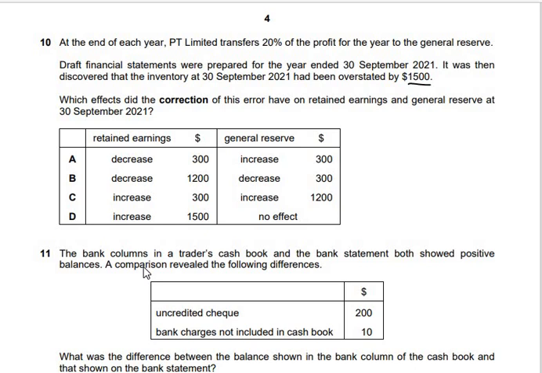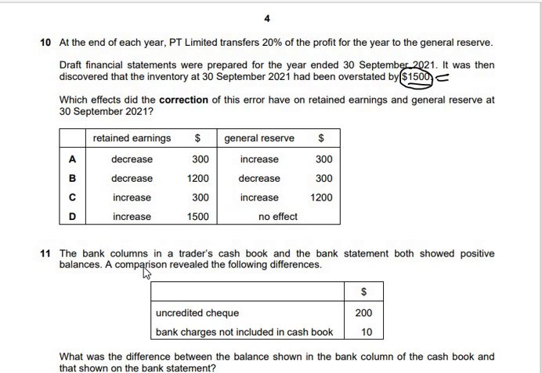What effect does the correction of this error have on retained earnings and general reserve? So what you have to understand is that the amount which was overstated is 1,500, and when you're recording in a statement of changes in equity, the retained earnings and the general reserve will both carry the total amount of 1,500.